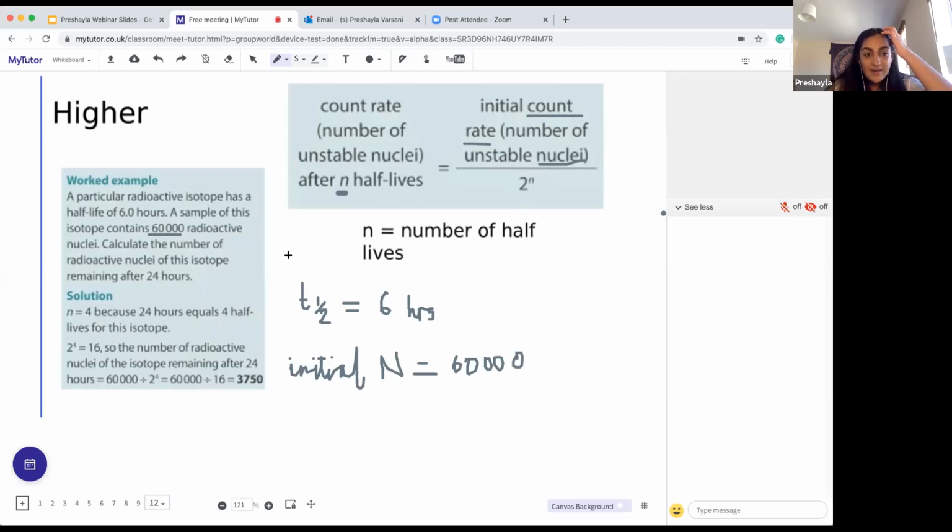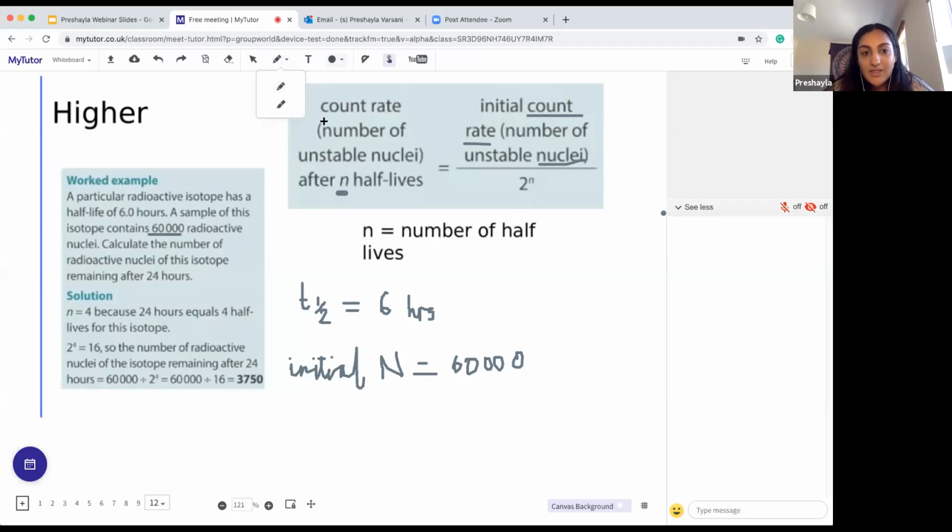Now we need to calculate the number of nuclei of this isotope remaining after 24 hours. So this is the final number of nuclei, and this is the initial number of nuclei, and they are related by this factor 2 to the power of the number of half-lives which have passed. So we want to know how many half-lives have passed.